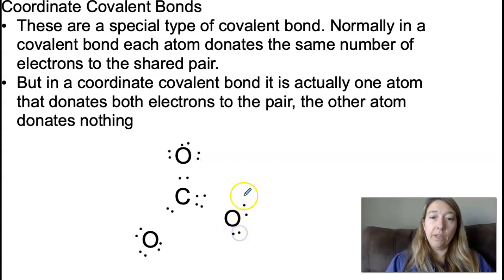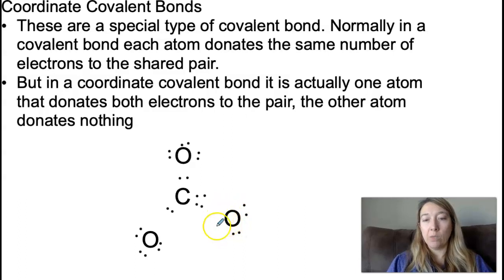So this O here did what we expected it to do. And why I say it did what we expected it to do is oxygen has 6 valence electrons. It has 2 which are unpaired. So it makes sense that oxygen would form 2 bonds because it's going to pair up each of its unpaired electrons. But if you look at these two O's, they didn't do what we expected them to do, right?